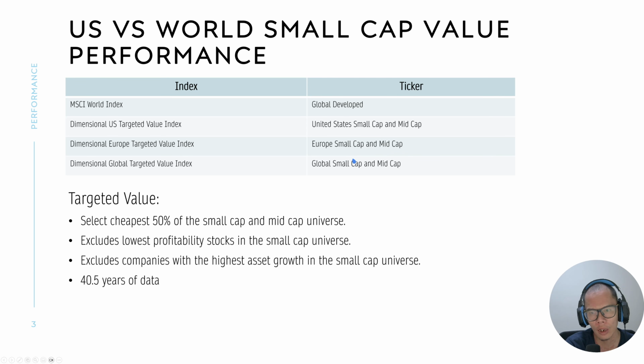And I'm not sure why we compare US versus global, because in the global allocation probably a large part of it is the US, and the rest of it is probably international, typically Europe and Japan.